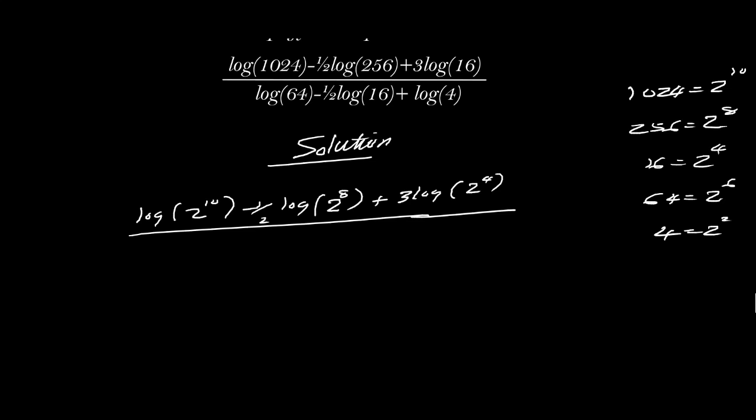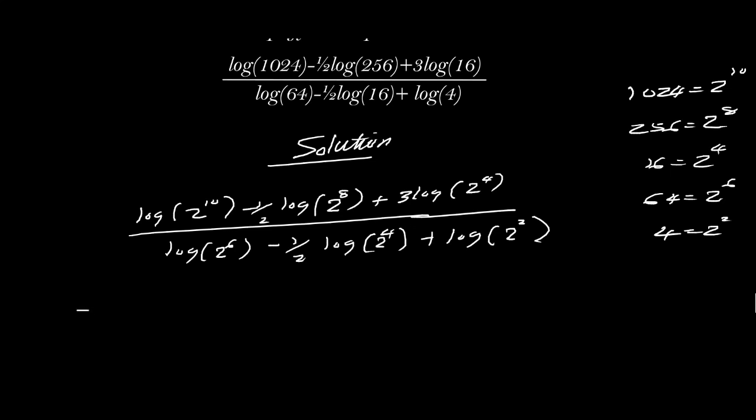Then in the denominator, we have log 64. So where the 64, we'll put 2 raised to power 6, then minus a half log 16, where there is 16, we'll put 2 raised to power 4, then plus log 4, where there is 4, we will put 2 squared.